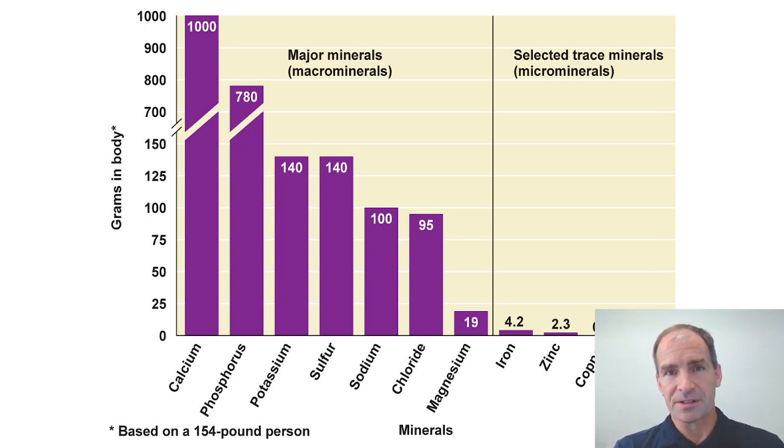And not surprisingly, with these minerals, there are going to be some things I want you to know about them, very similar to vitamins. What its name is, which we'll see with those. What foods can they be found in? What's their function? And is there a disease or disorder associated with a deficiency in some of these? And there are for a couple of these.